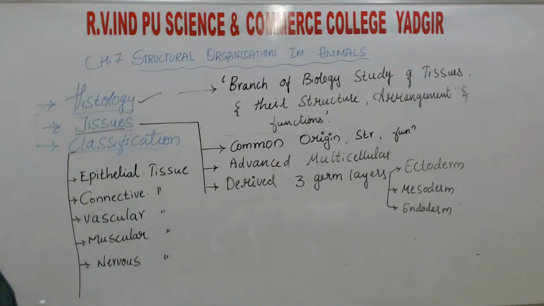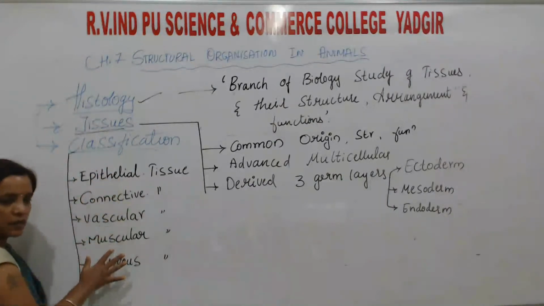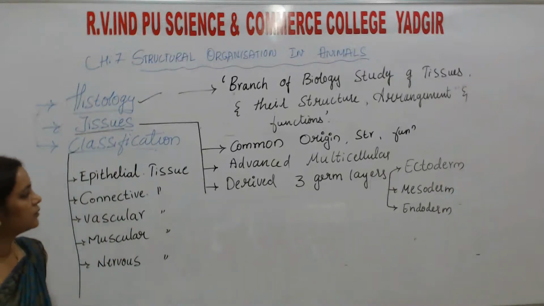So these are the five different types of tissues.